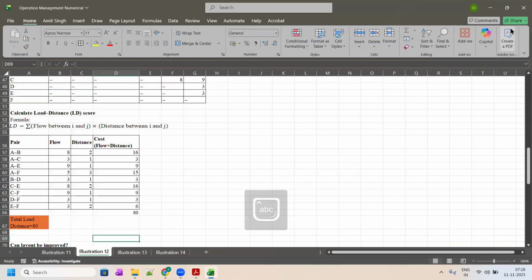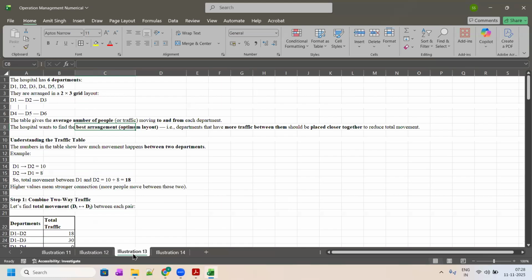Again, there's no method to find the optimum, like we did in the last numerical. You have to sit and draw possibilities. There's no formula, no direct way of doing it. Only through trial and error can you do it.